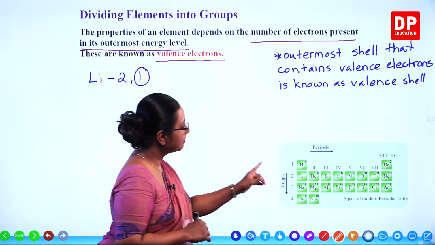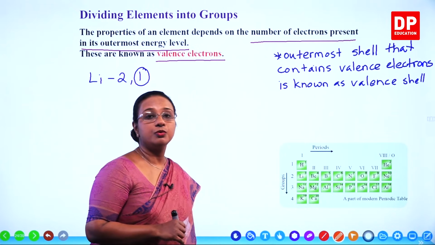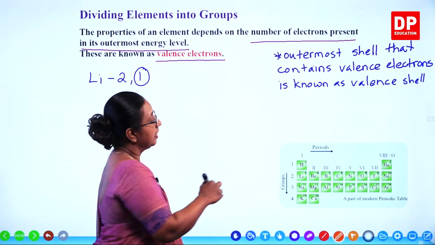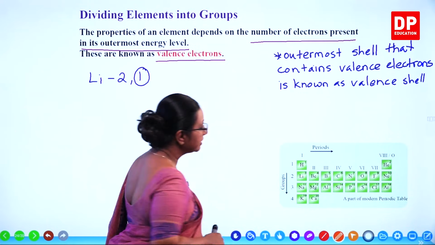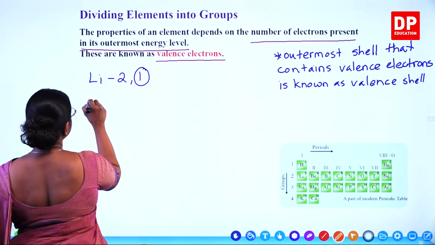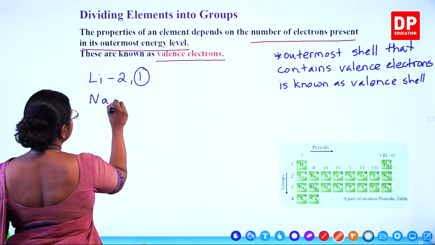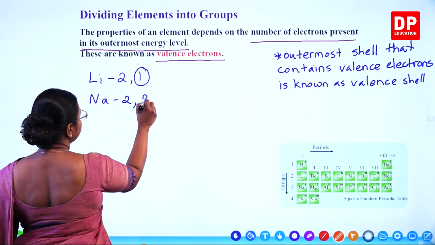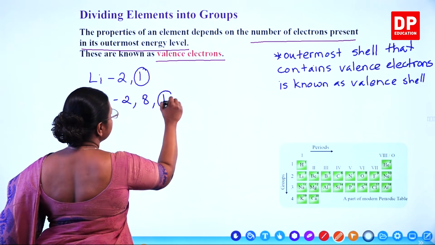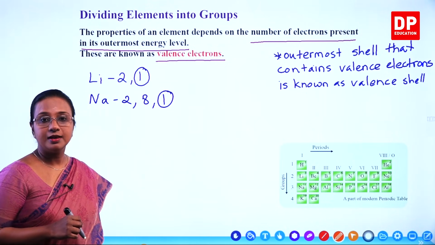Then that element will go to group 1 in the periodic table. If you look at the other elements in that group, sodium has atomic number 11, so the electronic configuration is 2, 8, 1. Again you can see it has only one electron.